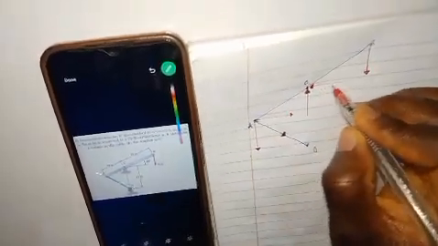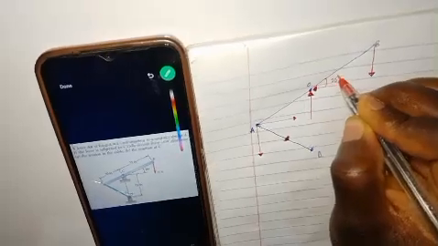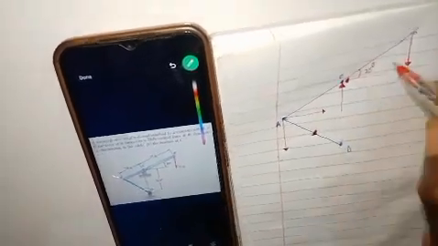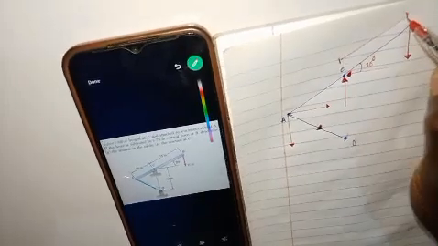According to the question, from this point it is being inclined at 20 degrees here. Then from here to here is 15 inches.